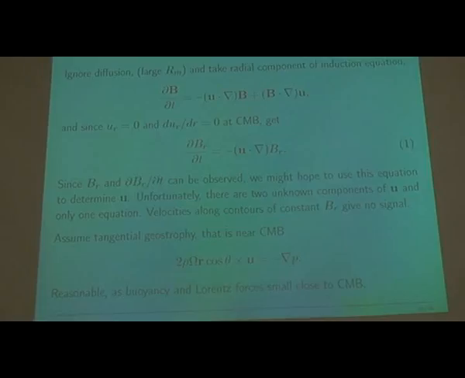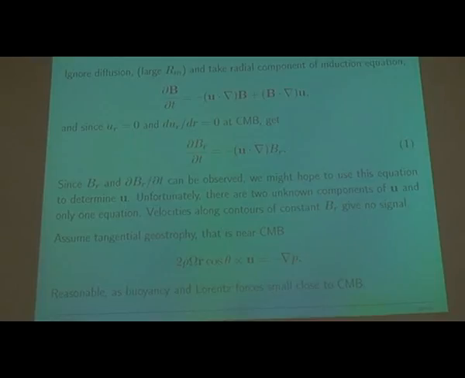But B phi doesn't extend beyond the liquid core, right? That's right, you can't have a B phi outside. But B theta and B_r should penetrate. Yes, but they're not independent. That's the trouble. They're not independent. That's the real point.